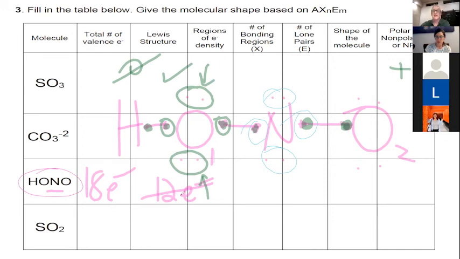How many valence electrons does nitrogen normally have? 5. Normally it's 5, right? Now it has 6. So its charge is -1. And does it have an octet? Yes, it does. So that part of it's fine.